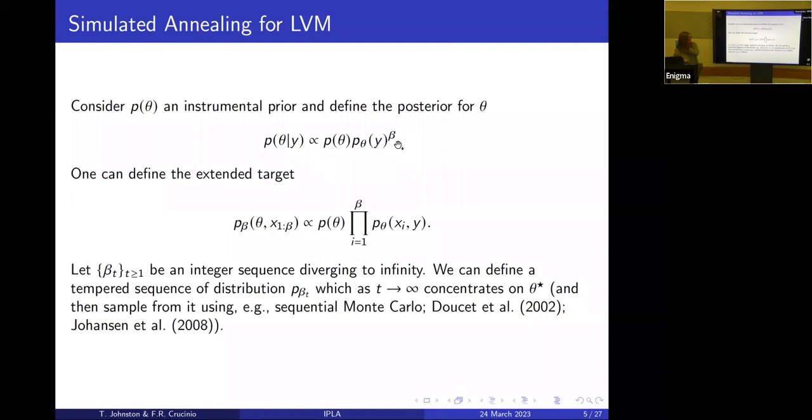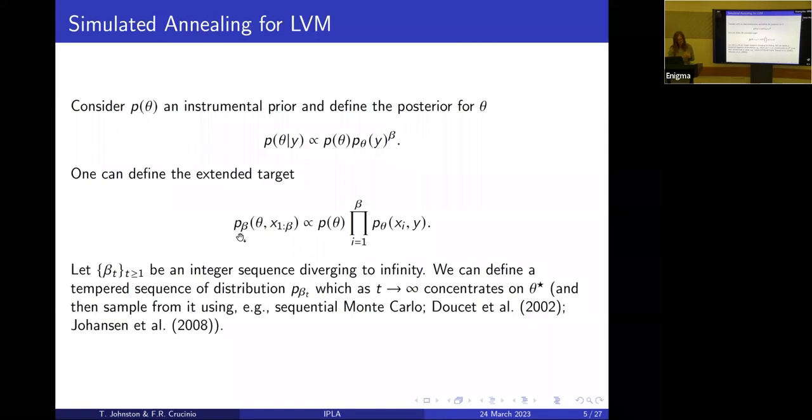Beta is a parameter, which ideally we would like to take to be very big, because if it's very big, then this distribution will concentrate on the maximum likelihood estimator. So again, we have the same problem, the fact that p(theta | y) is not something that we can compute. So we are going to extend the state space by reintroducing our latent variables.